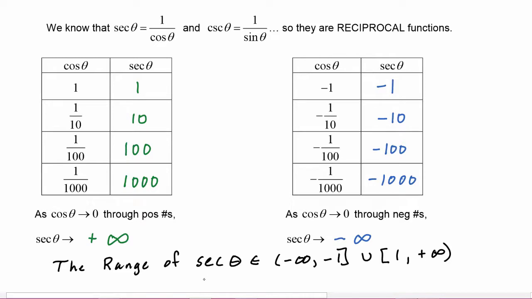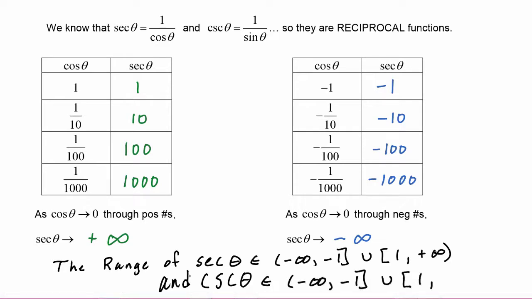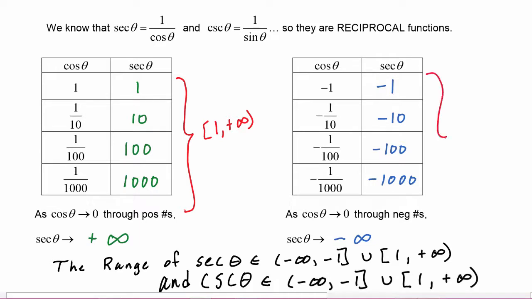And that is the same for cosecant theta as well. So to be clear, what we're saying is this interval is 1 to plus infinity, and this interval is negative infinity to -1.